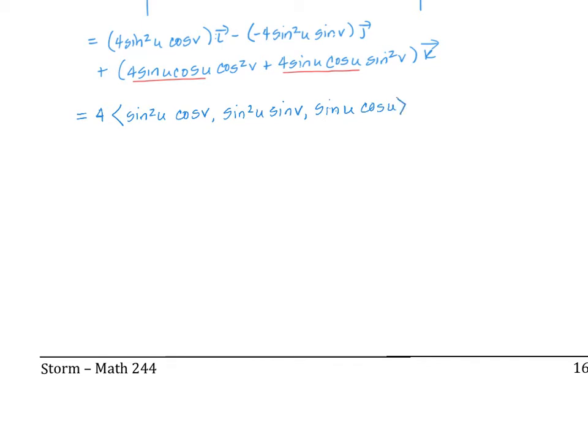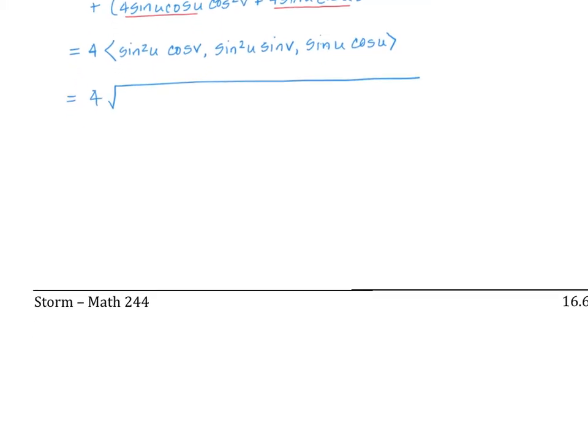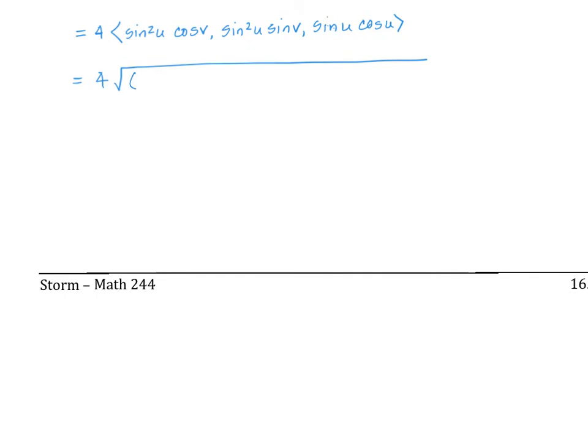When I find the magnitude of that vector, I can factor out the 4. And then compute all of this.